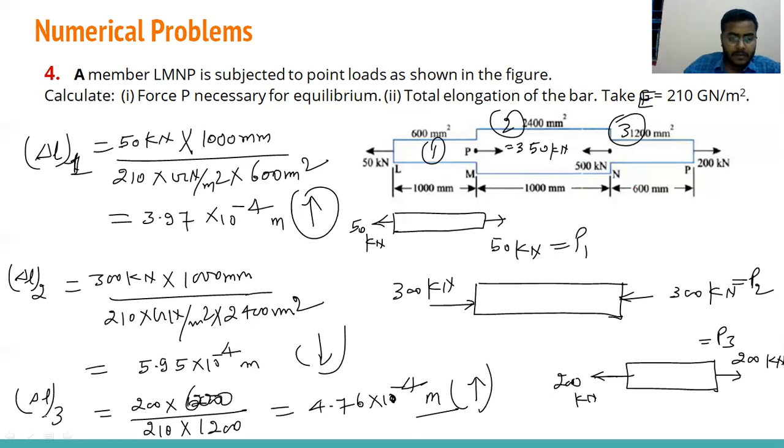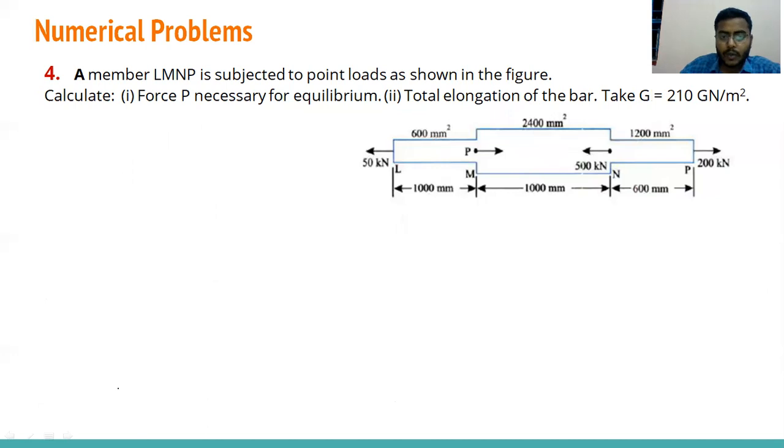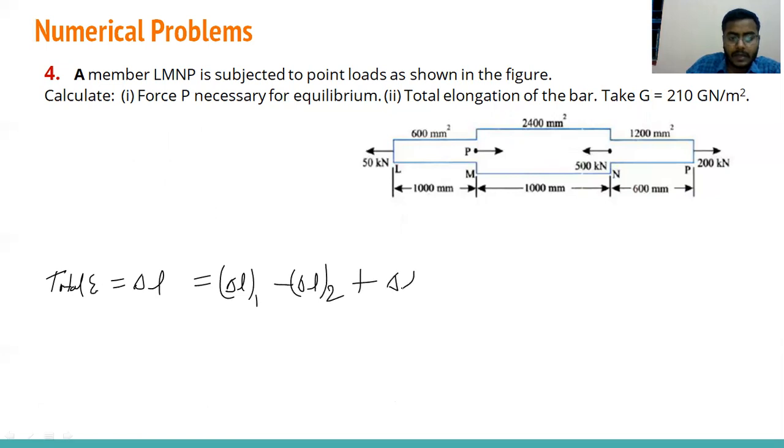So you can calculate the total elongation of the bar. Total delta we can calculate, total elongation, that is delta 1 minus delta L2 plus delta L3.